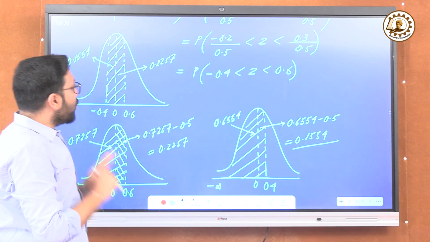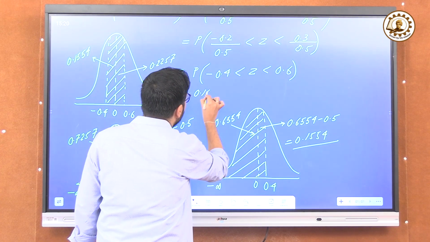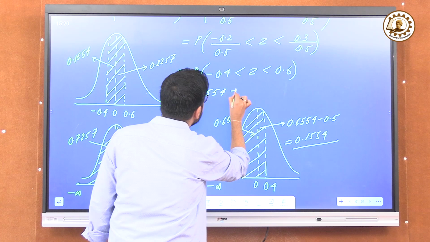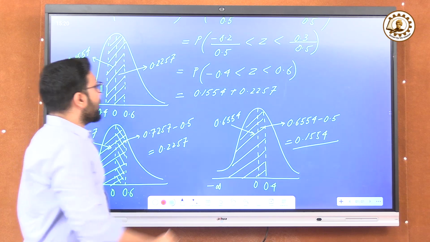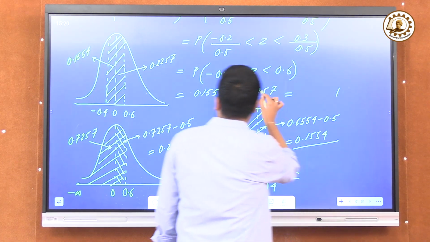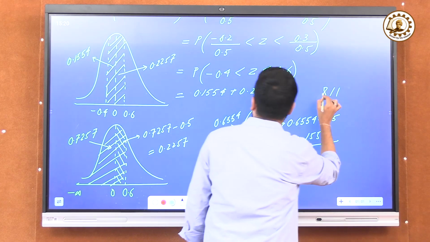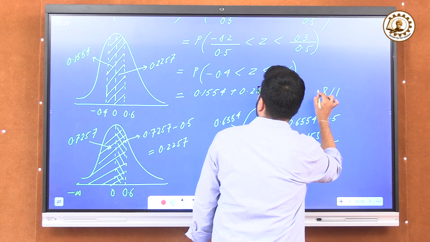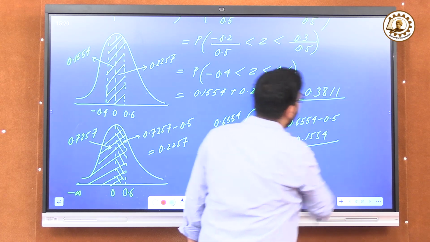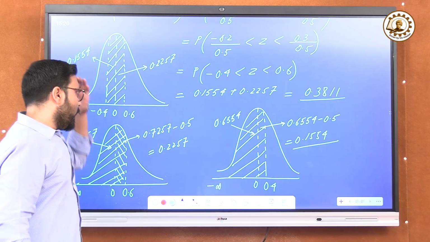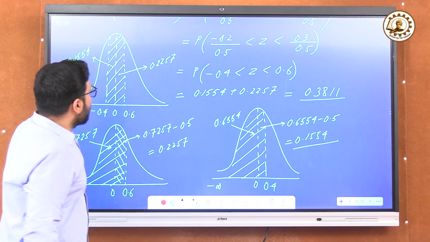So finally the total area, which we are going to find out here, is 0.1554 plus 0.2257. So the sum is 0.3811. That's the area which we are getting as per the question.